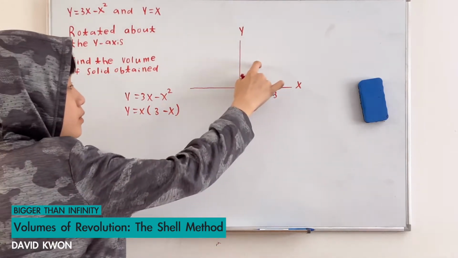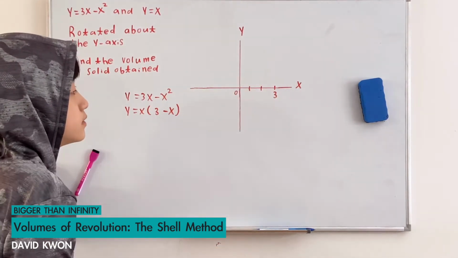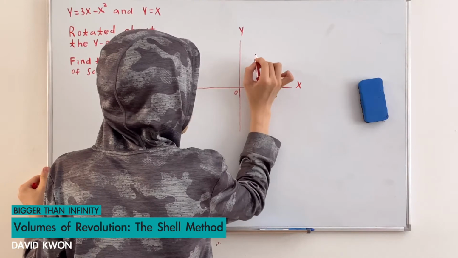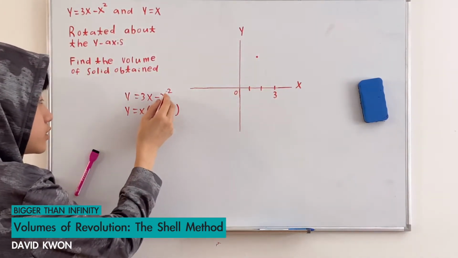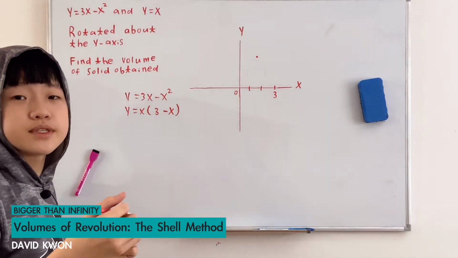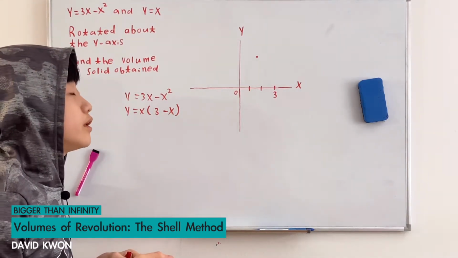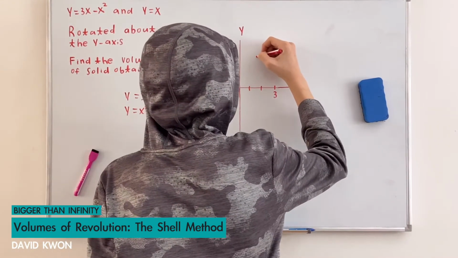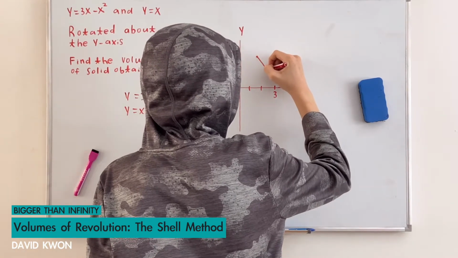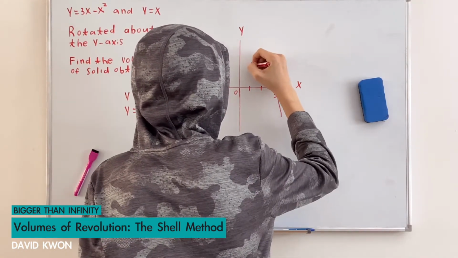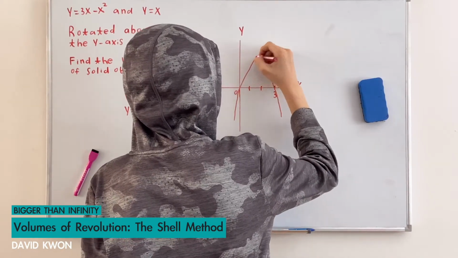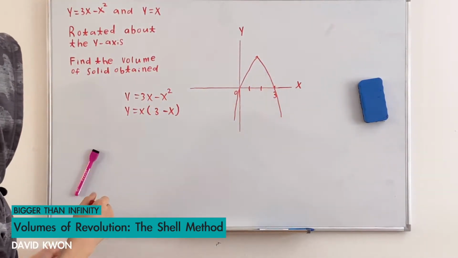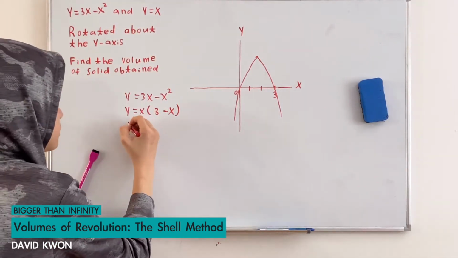We don't know where the highest point is, but we are just going to assume that it is around here. So minus x squared, that's the upside down x squared graph. So it's going to look something like this. And then we have another graph, y is equal to x.